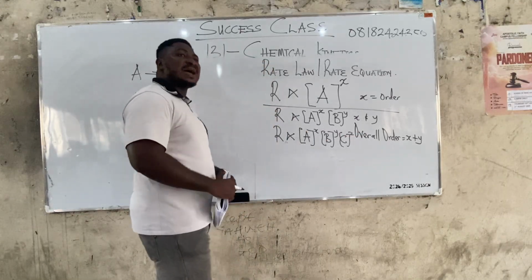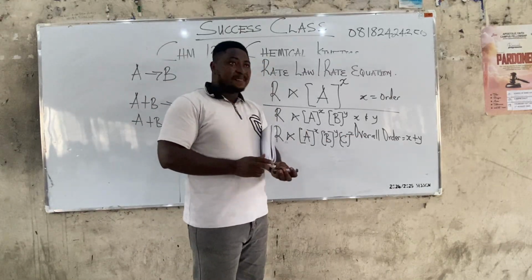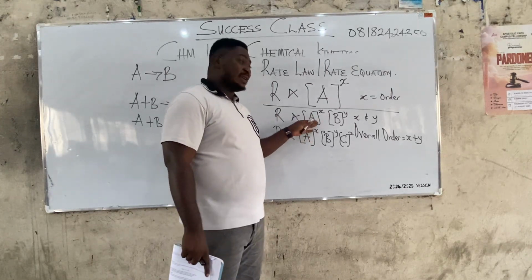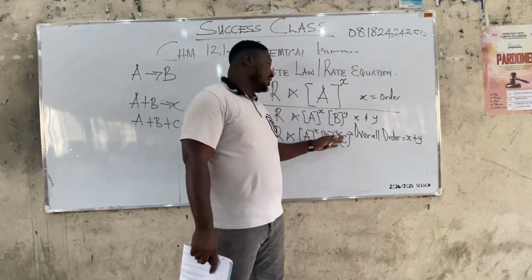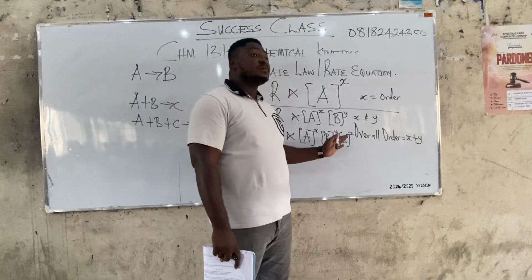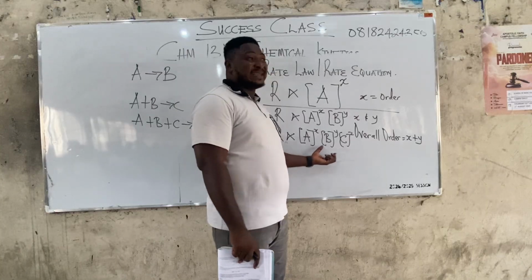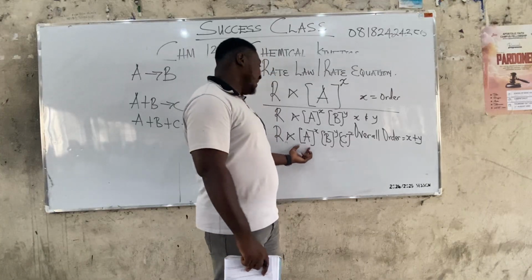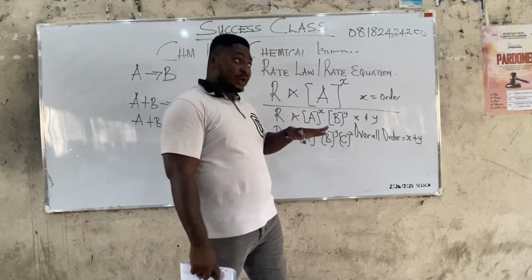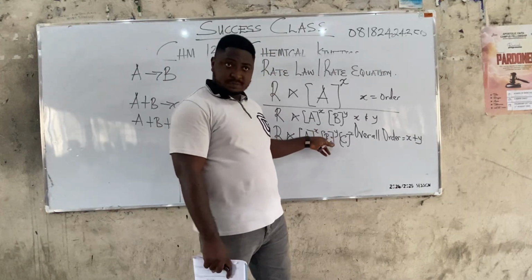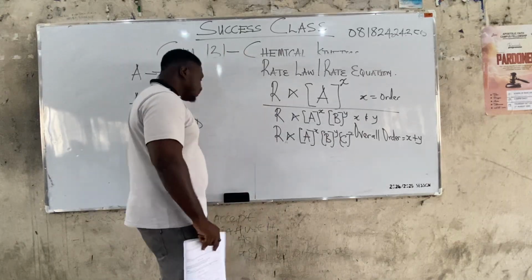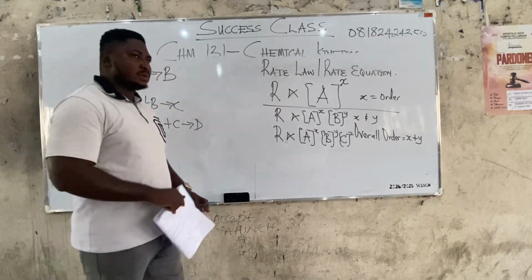Note that no two reactants have the same order. That's why we use x for A, y for B, z for C. We do not use the same because we don't want to assume that they are the same. So we have an order for A, an order for B, and an order for C. So what must be the overall order now? x plus y plus z. Are we following, class?